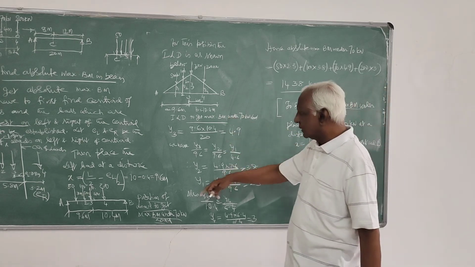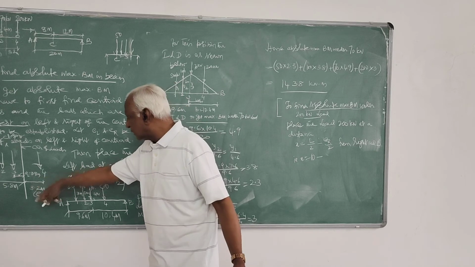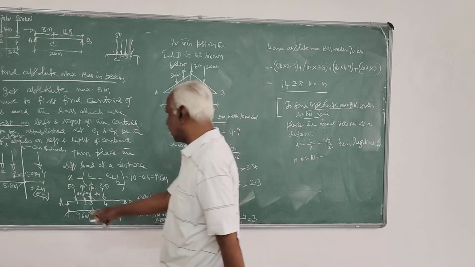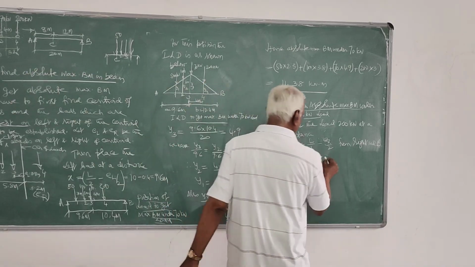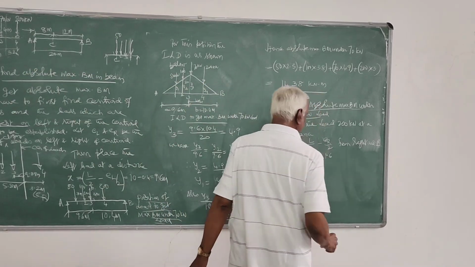ER is how much? We worked out ER as 3.2. That is 3.2 by 2, which equals 1.6.